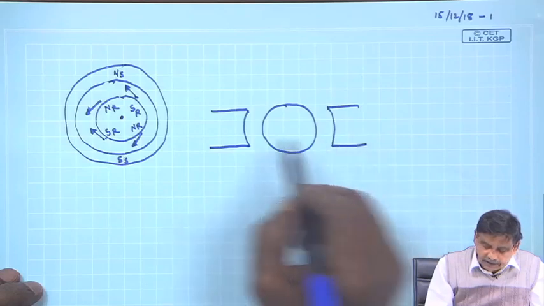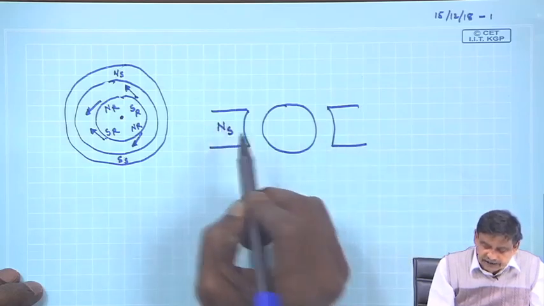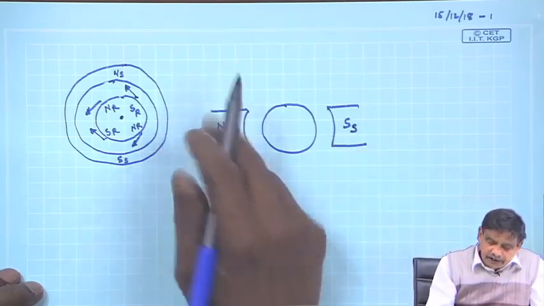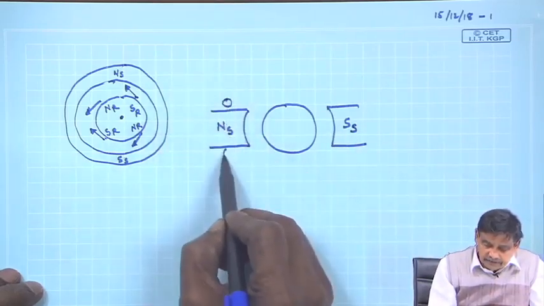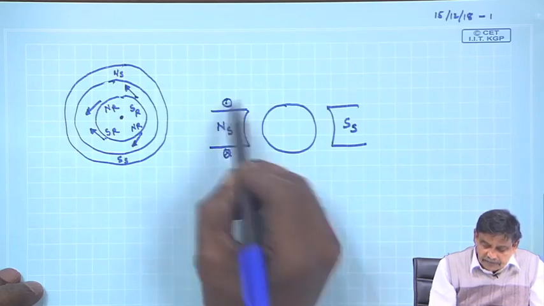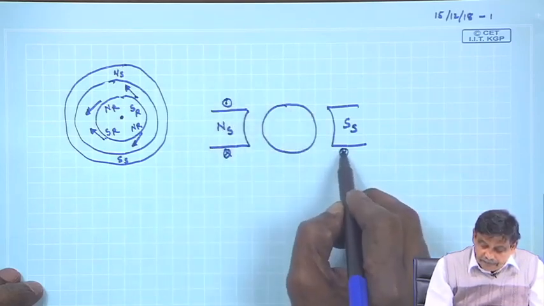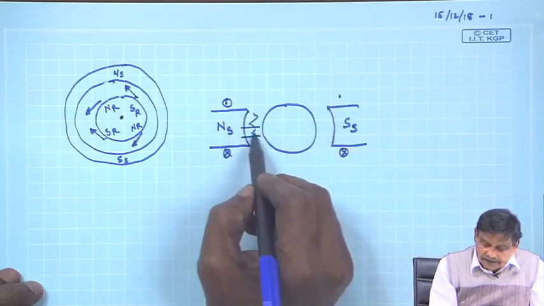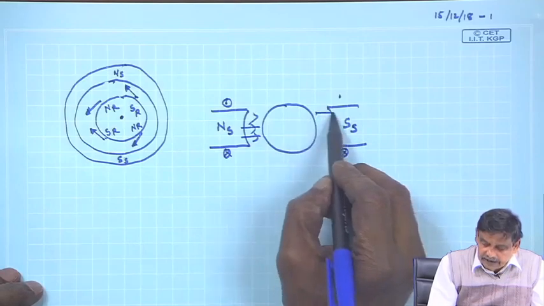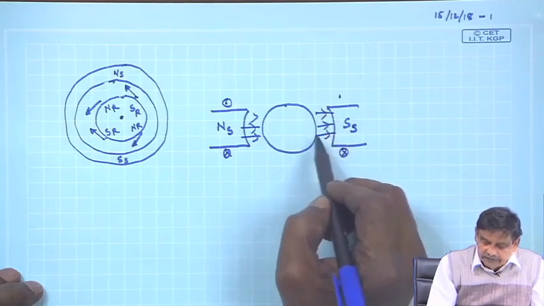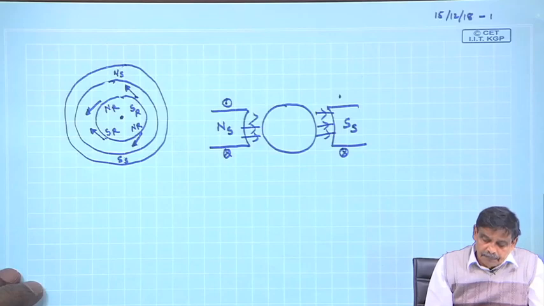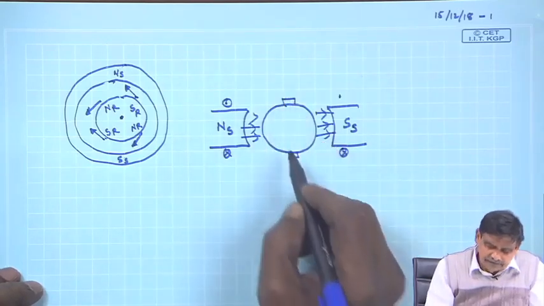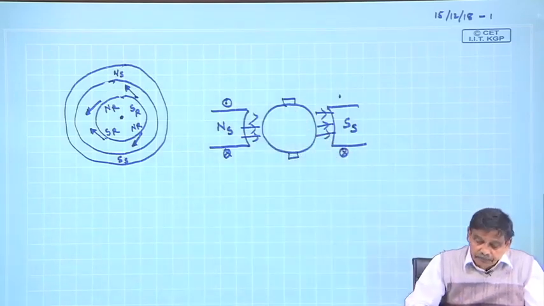These are the stator poles, we draw them like this, Ns and Ss, created by field windings wrapped around them. Lines of force will come out this way and terminate after going through the iron of the rotor. And for the DC machine, how do I represent it? There are two brushes, these are the armature terminals, you know.